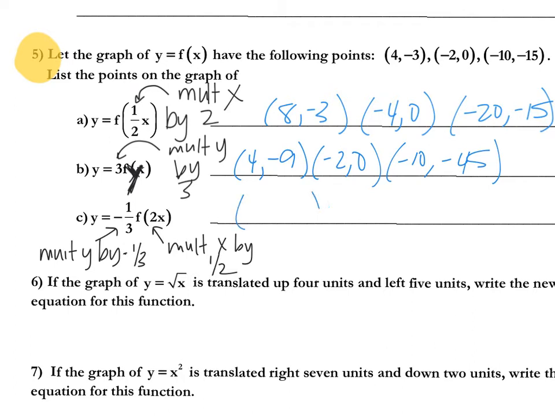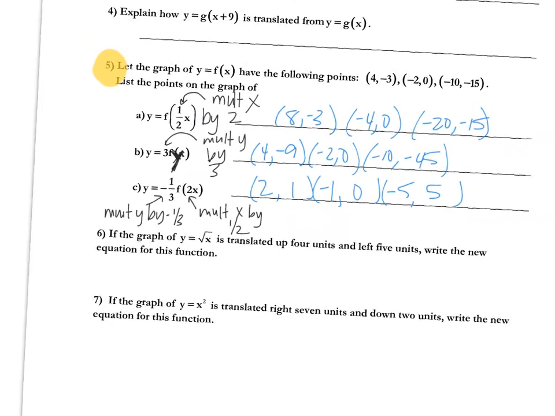All my x values are getting cut in half, so that's going to be 2, negative 1, negative 5. And now I'm going to do all the y values. The y values I'm multiplying by negative 1/3. So negative 1/3 of 3 is positive 1. Negative 1/3 of 0 is still 0. Negative 1/3 of negative 15 is positive 5. So that was problem number 1 I wanted to look at for Worksheet 8.